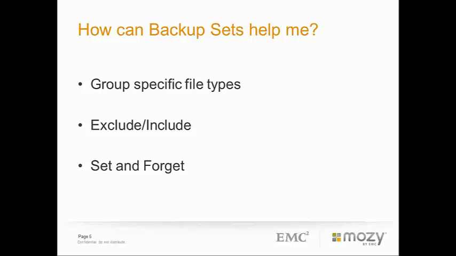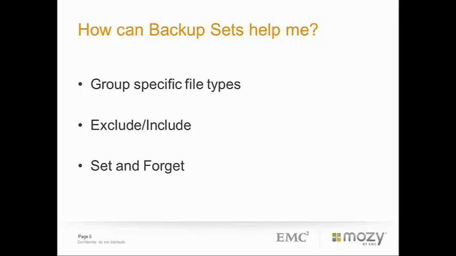So if you don't want to back up particular file groupings, so for example, if you didn't want to be backing up music files or video files, you could create an exclusionary backup set that would search your entire machine and exclude particular file types. Okay, so maybe your MP3s, your MP4s, and what other file types you may want to actually exclude.